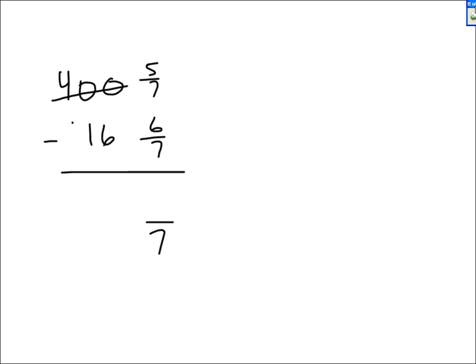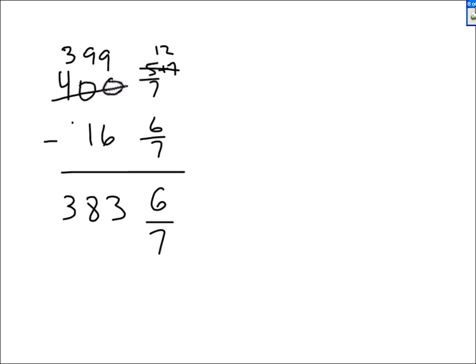If you borrow 1 from 400, you now have 399, and you add 7 to the top. That is, it's 12 over 7. Minus 6 over 7 is 6 over 7. And 399 minus 16 is 383, I guess. And there is an answer.